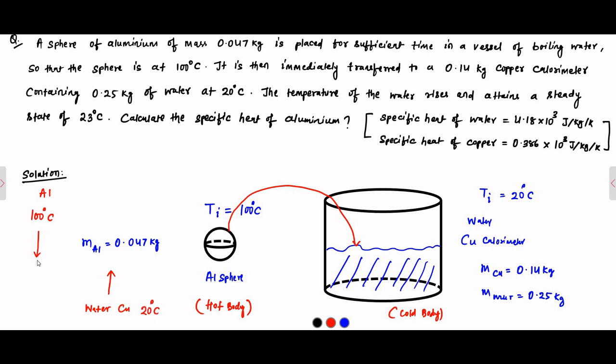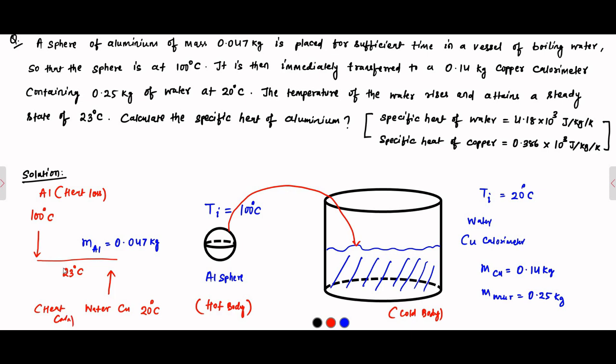They will arrive at a common equilibrium temperature. The final equilibrium temperature, the steady state temperature, is 23 degrees Celsius. So aluminium will lose heat energy, and the copper calorimeter and water will gain energy.